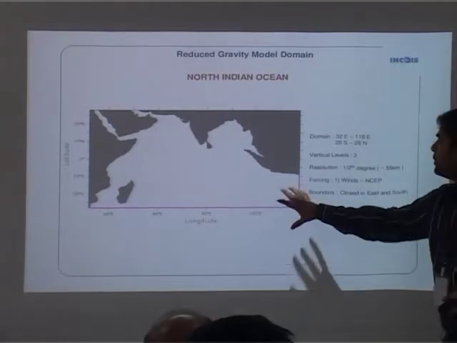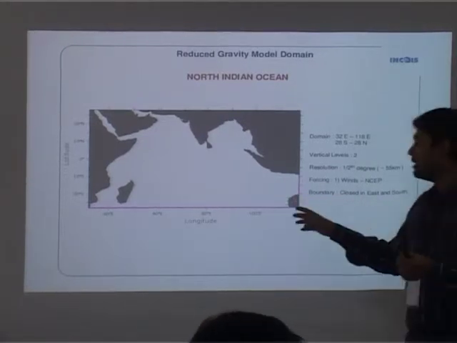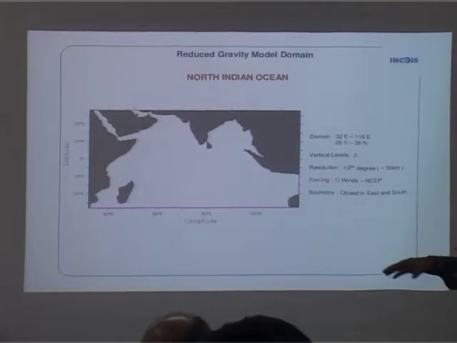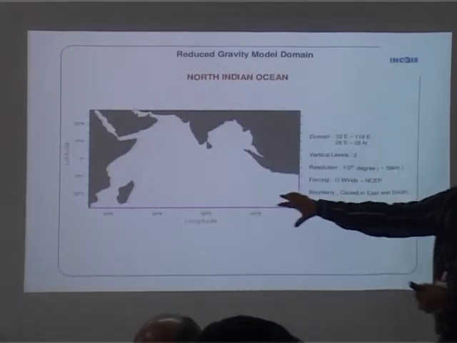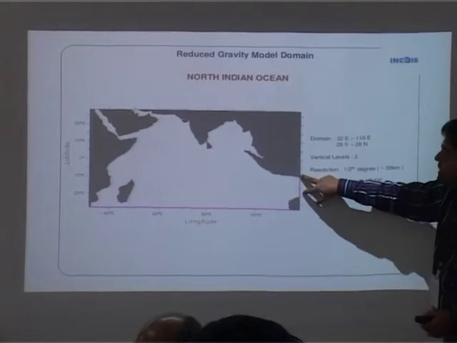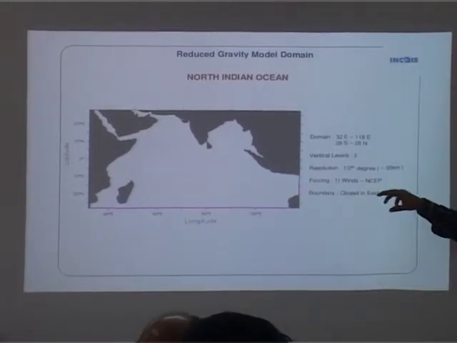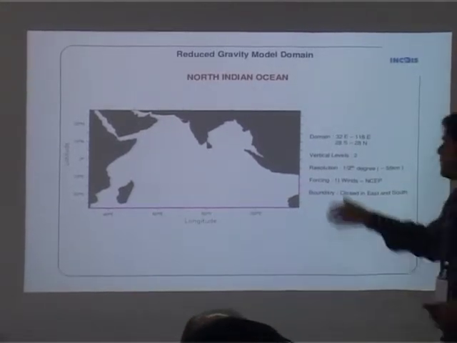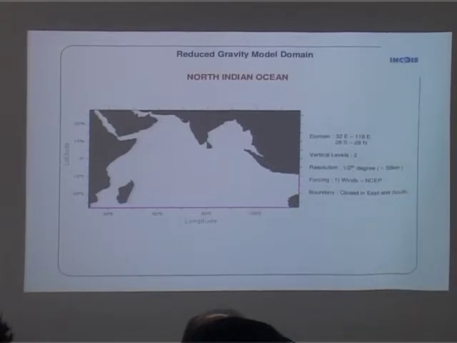And this model is closed. Normally, in a real situation, the Indian Ocean interacts with the Pacific Ocean through this channel, but to keep matters simple, we have also closed this. So this is more of a qualitative study of things.